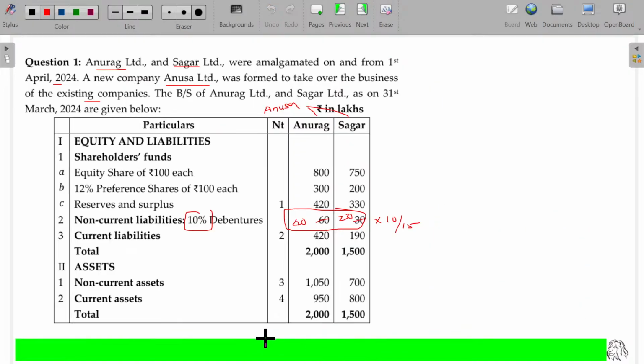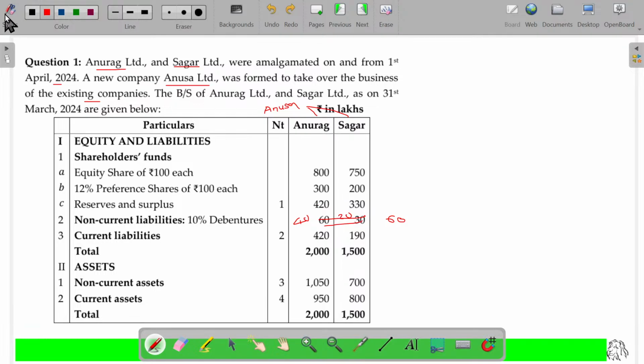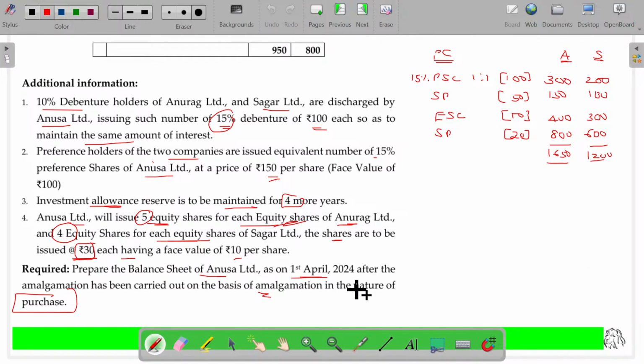I'll show all these values here. 610. This will now be 40 and 20. This is 60. And reserves and surplus, we have to write it later on.